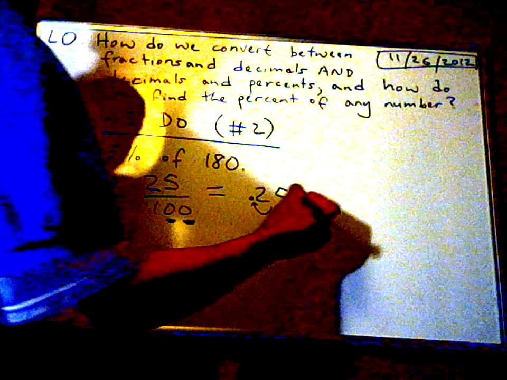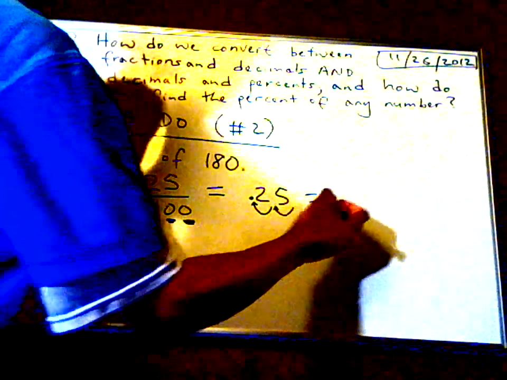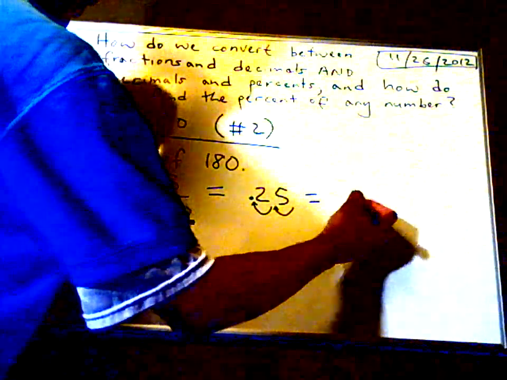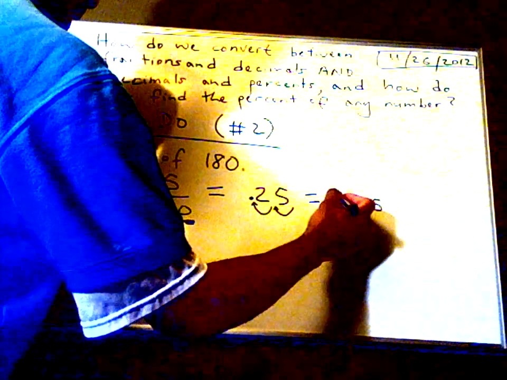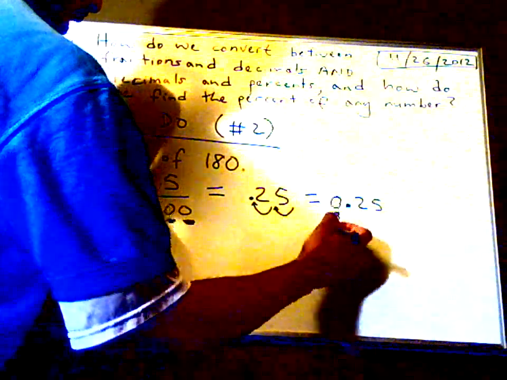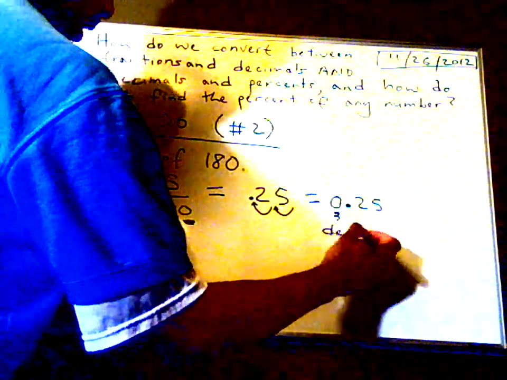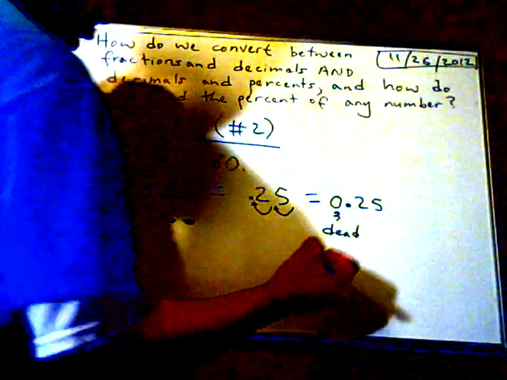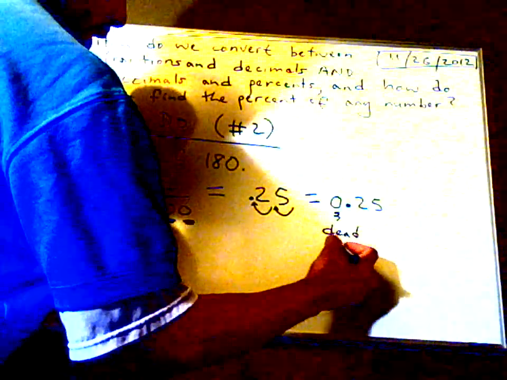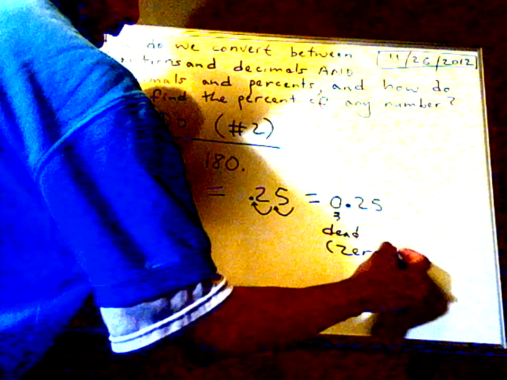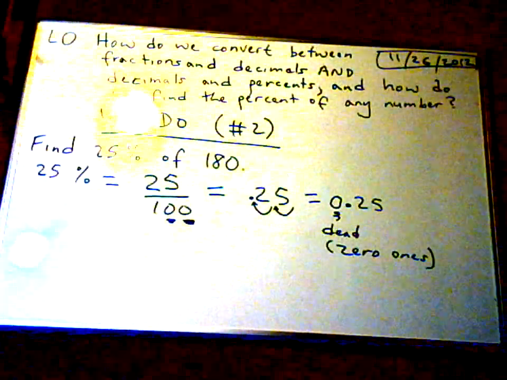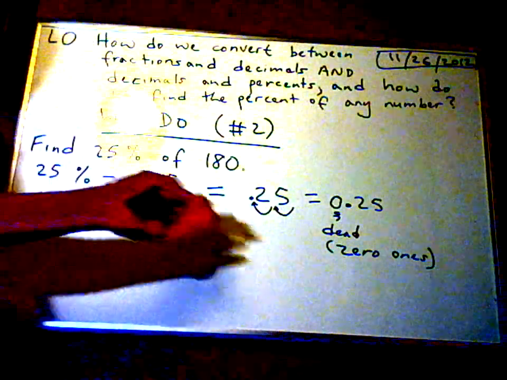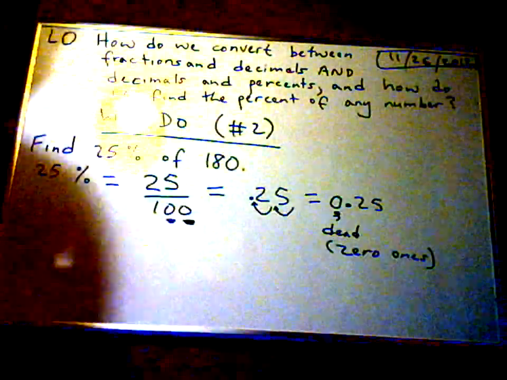And we generally write our decimals with a 0. This 0 is what I call a dead 0. It's just holding, it tells us that there are 0 ones. 0.25.